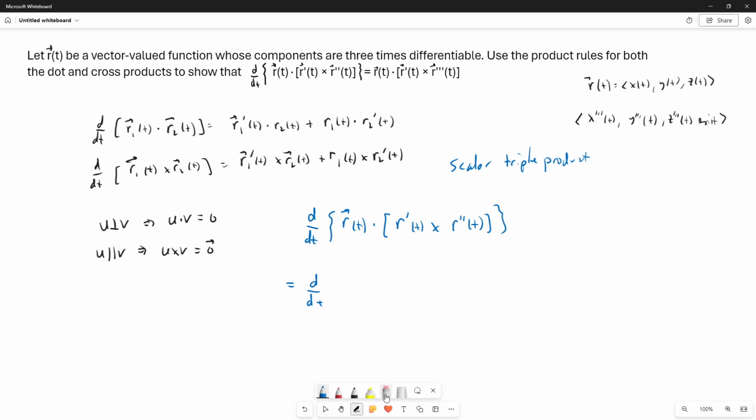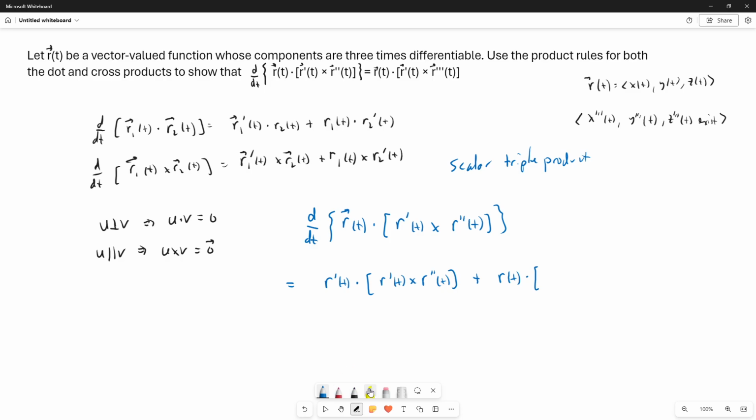This is equal to R prime dotted with the same vector here, R prime cross R double prime, and then plus R dotted with, and then we need the derivative of this guy, the derivative of number 2 here.